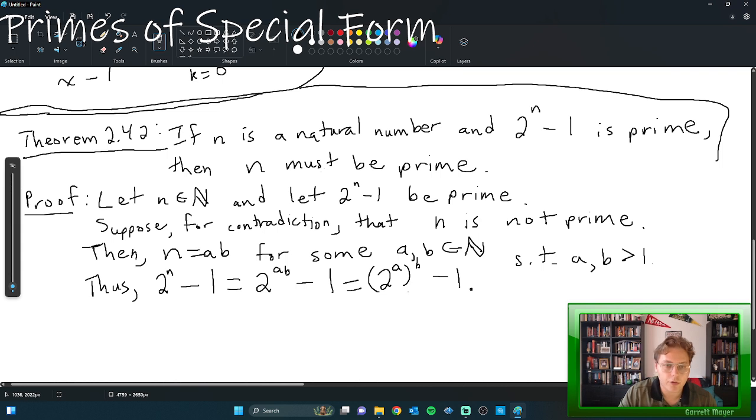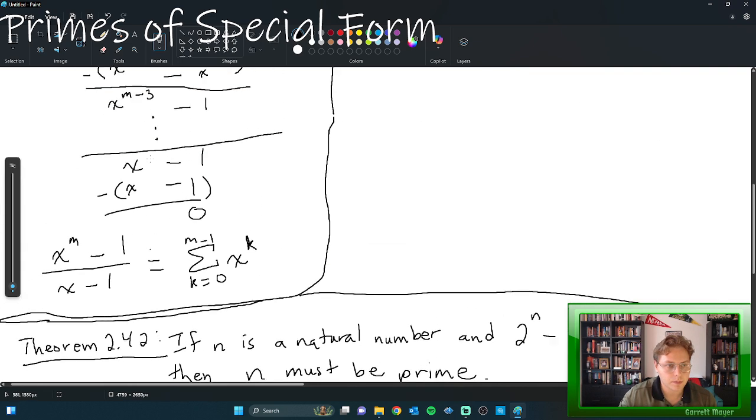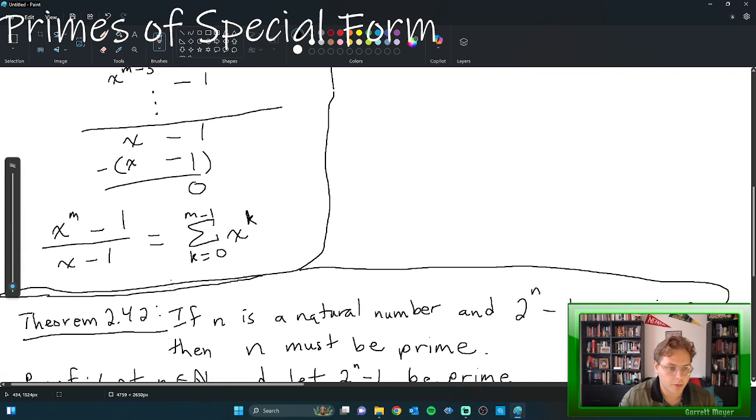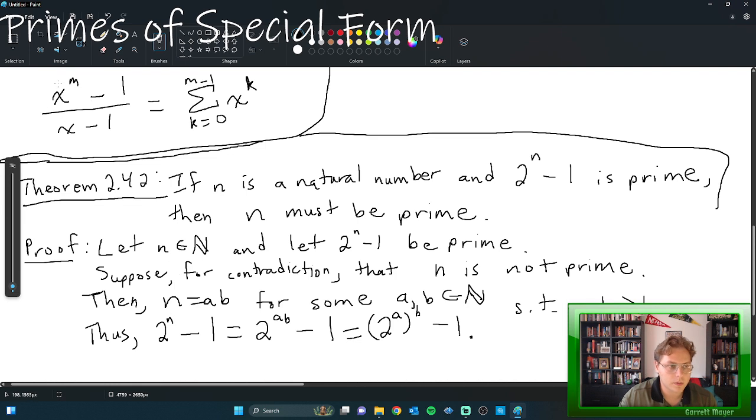Now, remember from before, what did we say about these type of powers? If we wanted to divide this by 2 to the power of a minus 1, what would this yield us? Using this formula from above. Well, let's look at that.